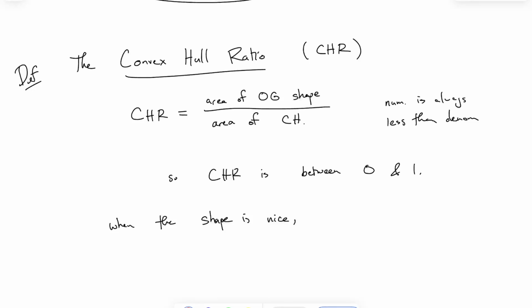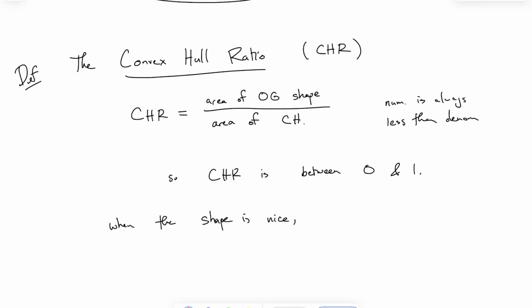Yeah? A whole number? Yes. Although I wanted to say even more specifically than that. Yeah? It's like 1, right? If the numerator and the denominator are almost the same, then when you do the division for the fraction, you'll get something close to 1, or exactly 1 if the numerator equals the denominator. So when the shape is nice, those two areas will be pretty much the same.